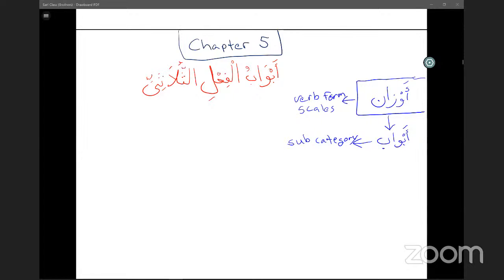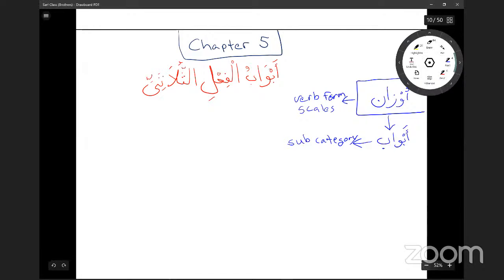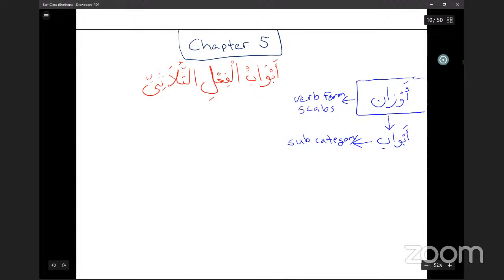So if we remember the awzan that we took. Let's write it here in a different color so we don't get confused. The awzan were fa'ala, then we had fa'ila, and then we had fa'ula.